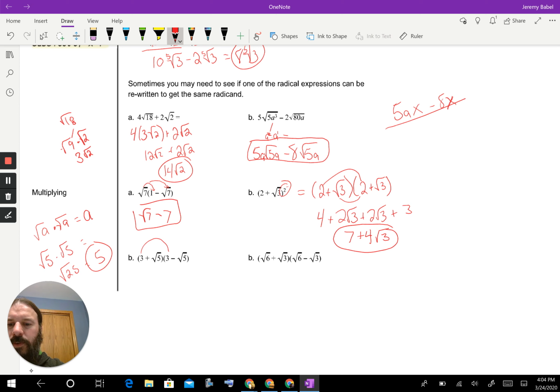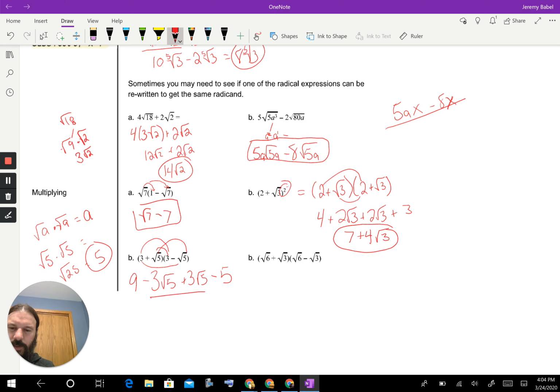Multiply the first times the first, we get 3 times 3 is 9. And then the outer, 3 times negative root 5, so that would be minus 3 square root of 5. And the inner, plus 3 square root of 5. And then the last, that's going to be a positive times a negative. It's going to be minus root 5 times root 5. Well, that gives us 5.